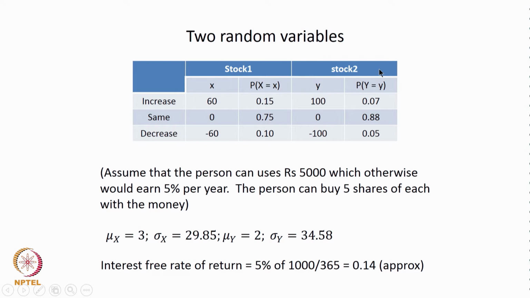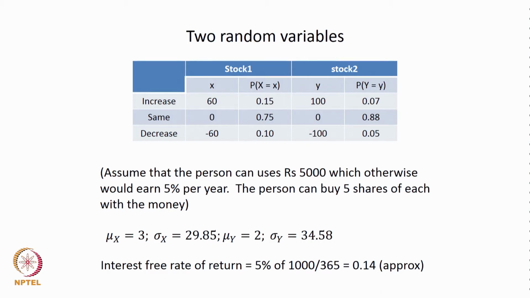Now mu x, the expected value, is 60 into 0.15 plus 0 into 0.75 minus 60 into 0.1.